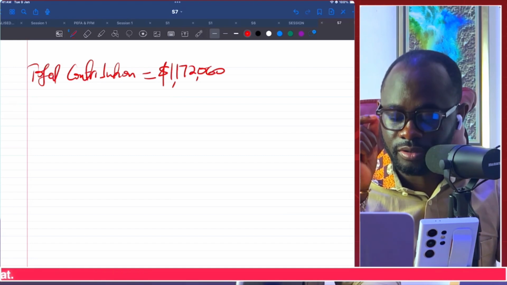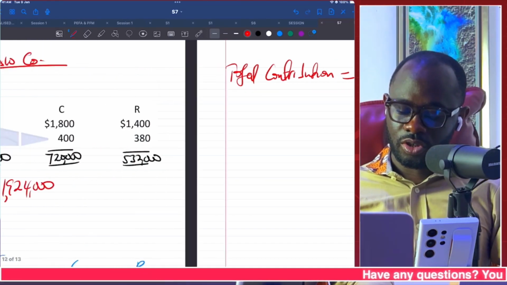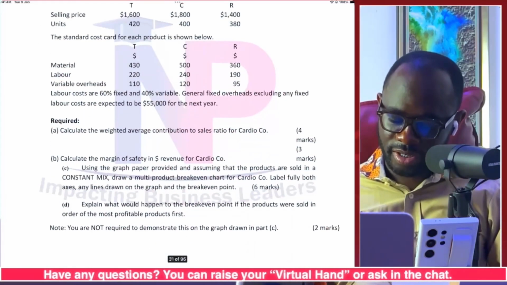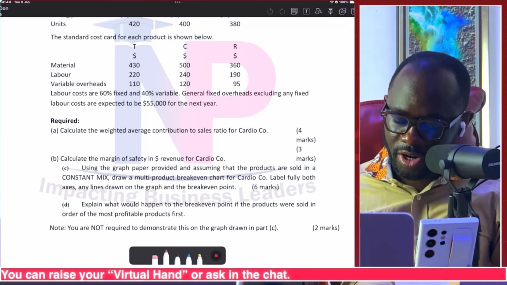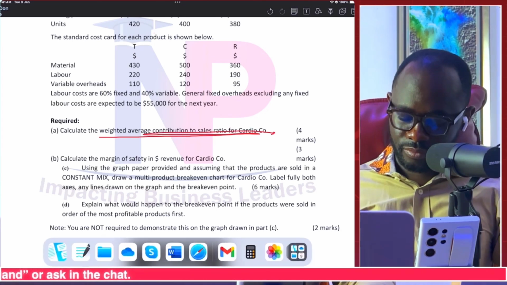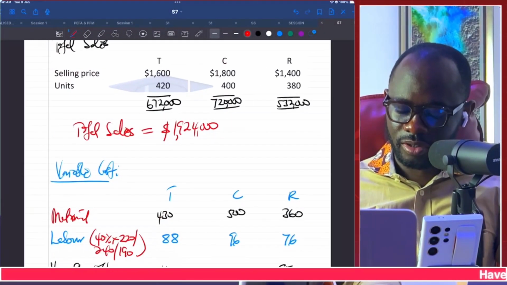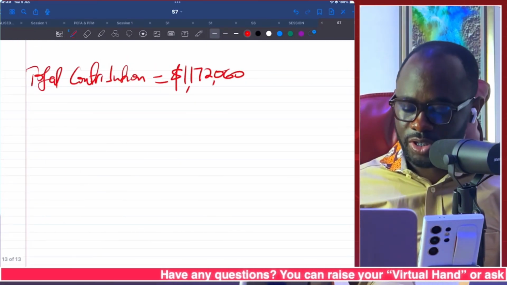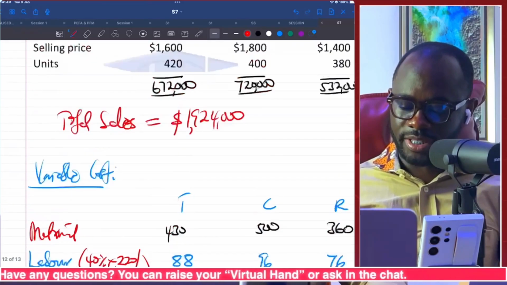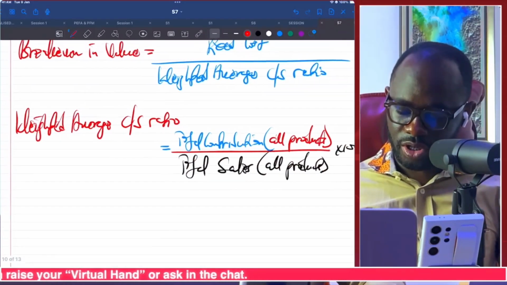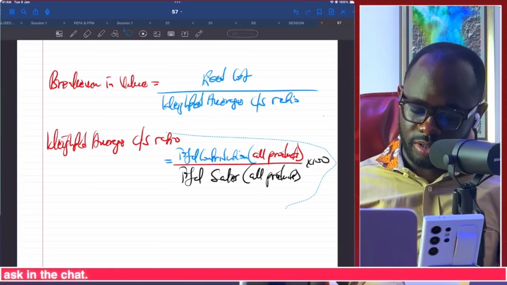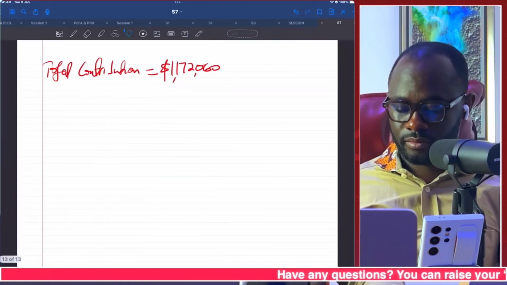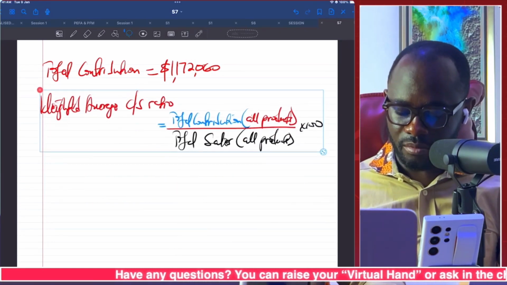Total contribution. Now, remember the A aspect of the question and what we are doing. It says calculate weighted average contribution to sales ratio. So all these that we are doing, we have our total sales now. We have our total contribution now. So we can calculate the weighted average contribution to sales ratio. Let me just pick the formula and bring it up.